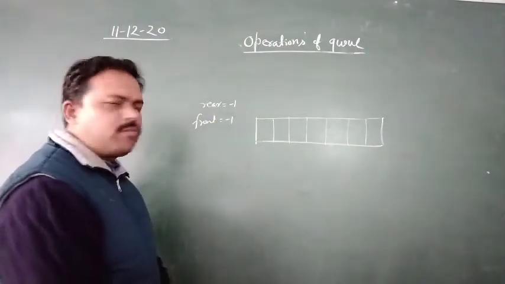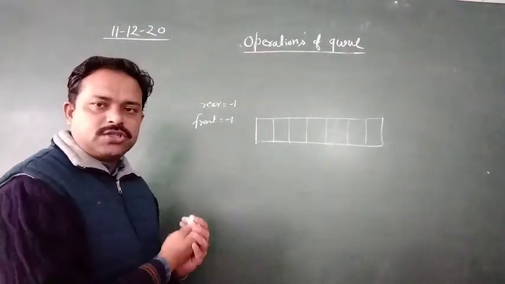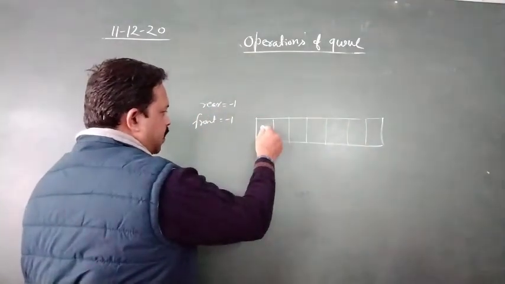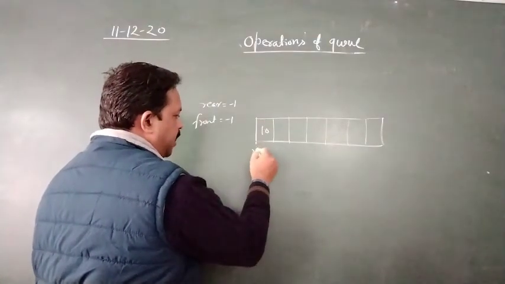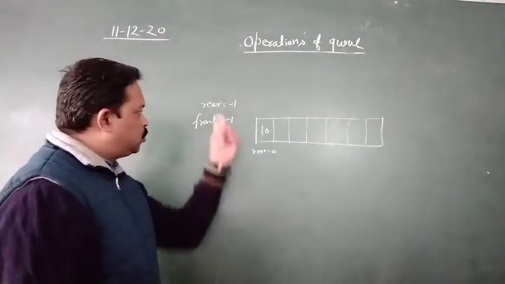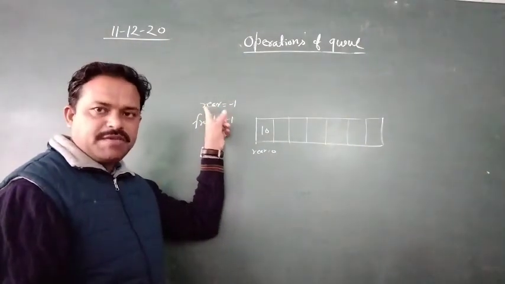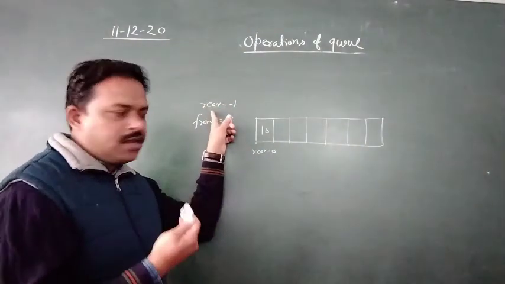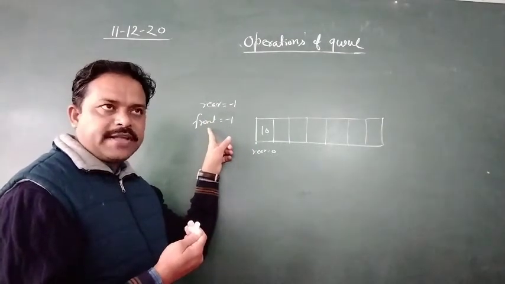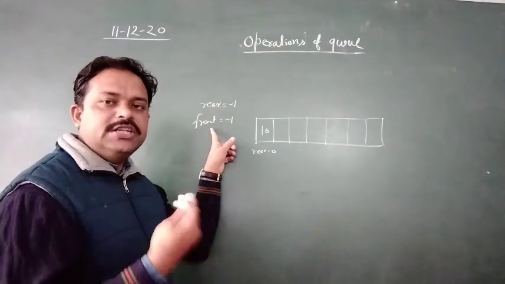When I do the insertion, I will increase the value of rear. Through this variable I am going to insert the element, and I am going to take the other variable for deletion.